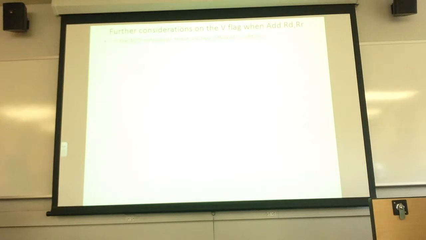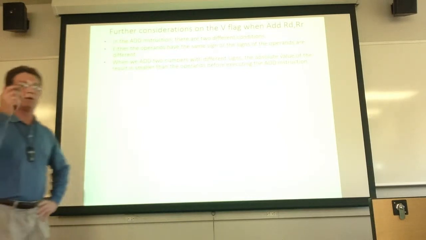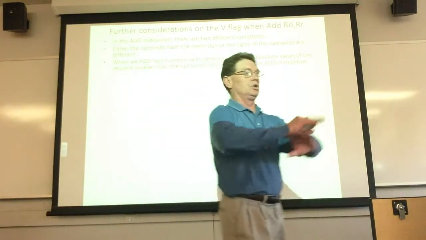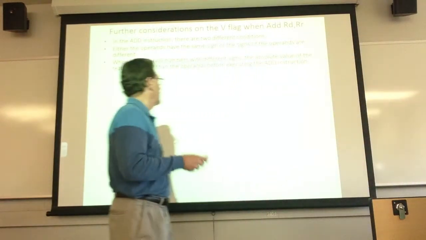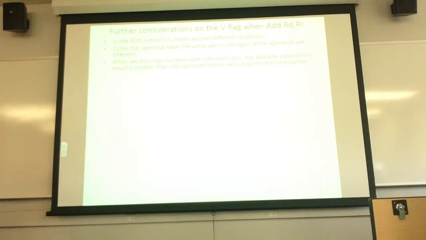All right, for the add instruction, there are two different conditions that can happen. Either the operands have the same sign or the operands have different signs. When we add two numbers with different signs, the absolute value of the result is smaller than the operands before executing that add. So with opposite signs, there is no issue.